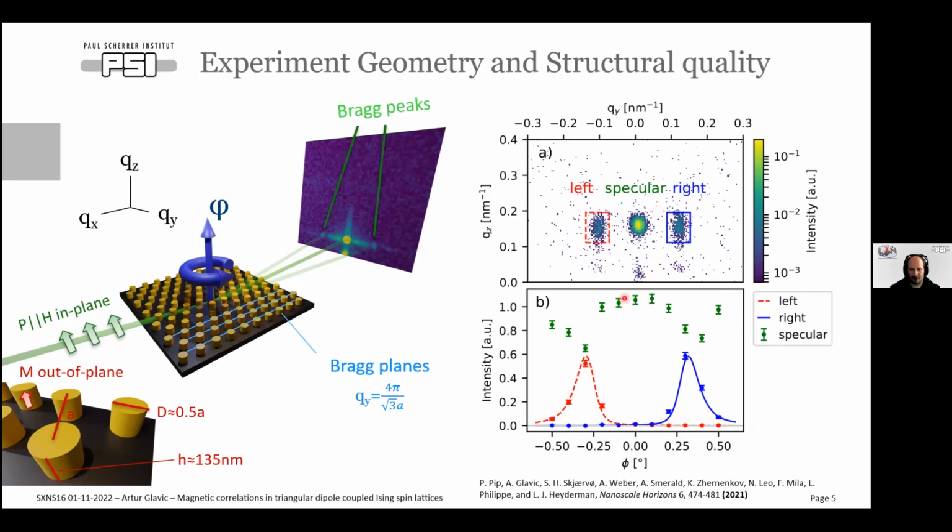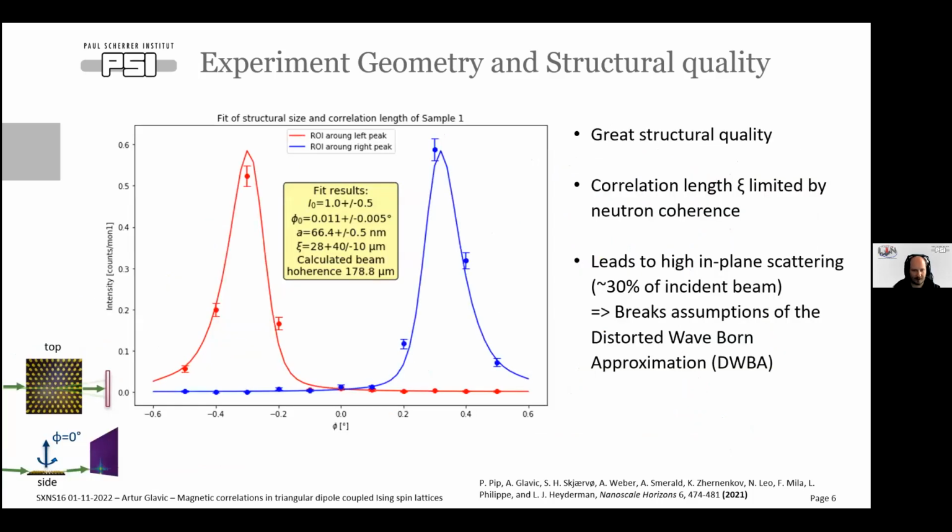And the specular peak actually loses intensity when we get on a scattering or on a Bragg peak from the structure. So this shows we have very high structural quality, and we also could fit this structure and get correlation lengths of several 10 micrometers, which is limited by the neutron coherence of this experiment, actually.